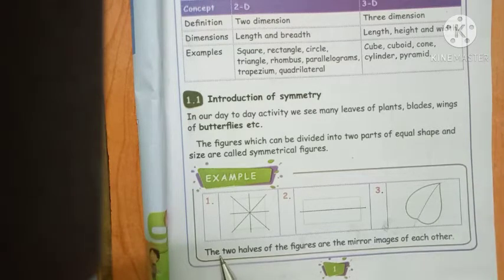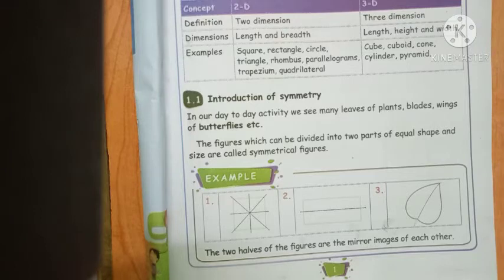So this figure, you cut the figure on a straight line. The two parts are mirror images of each other. So when you cut half of the figure, that shape does not change. Only the same position of the figure is called symmetry.